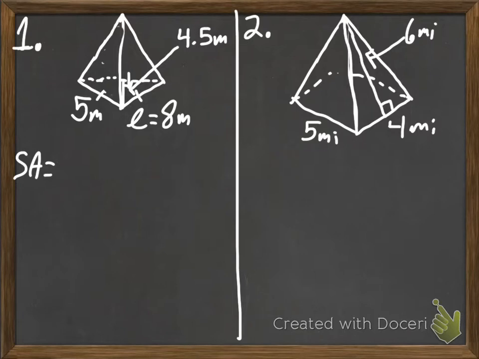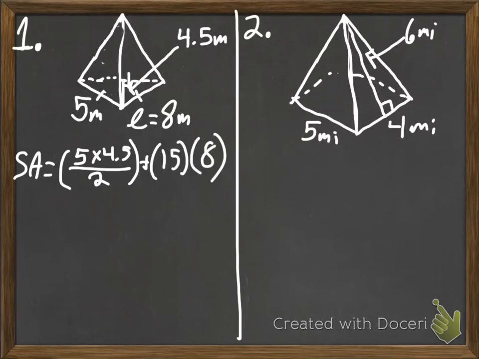It looks like the base of the base is 5 times 4.5 divided by 2, because this is a triangular pyramid, plus 15 times 8, almost forgot that 1/2. And after we plug this in the calculator, it looks like we get 30.25 meters squared.